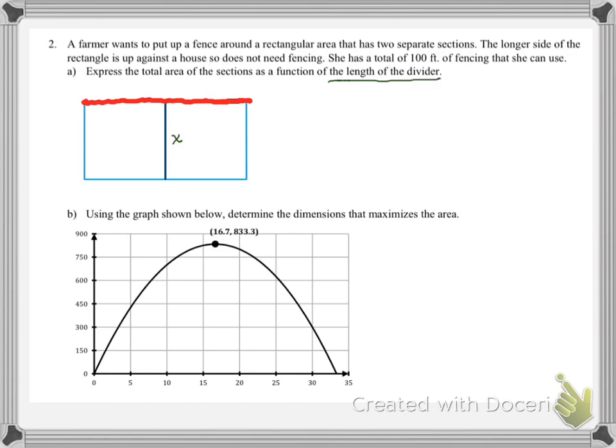So that's right here. My input is the length of the divider, which we're calling x. What is the output of my function going to be?